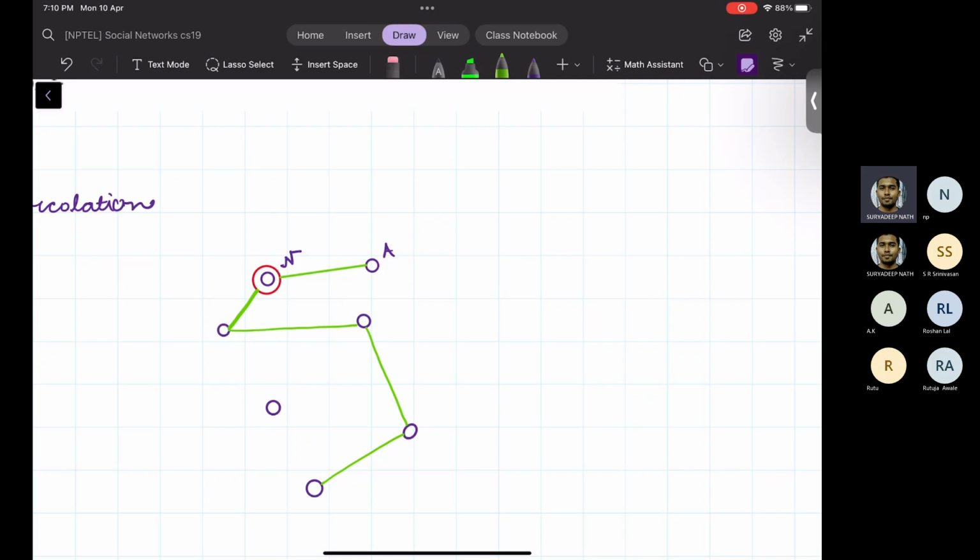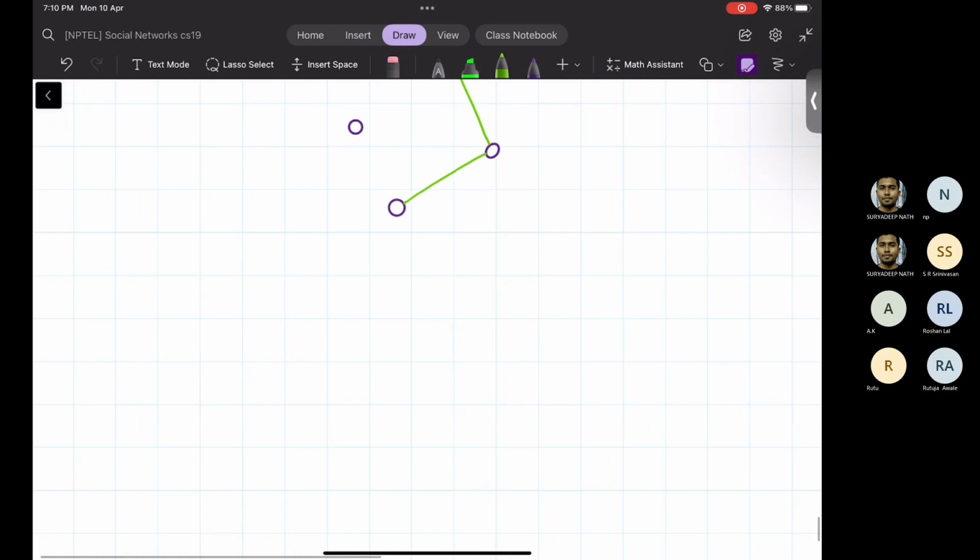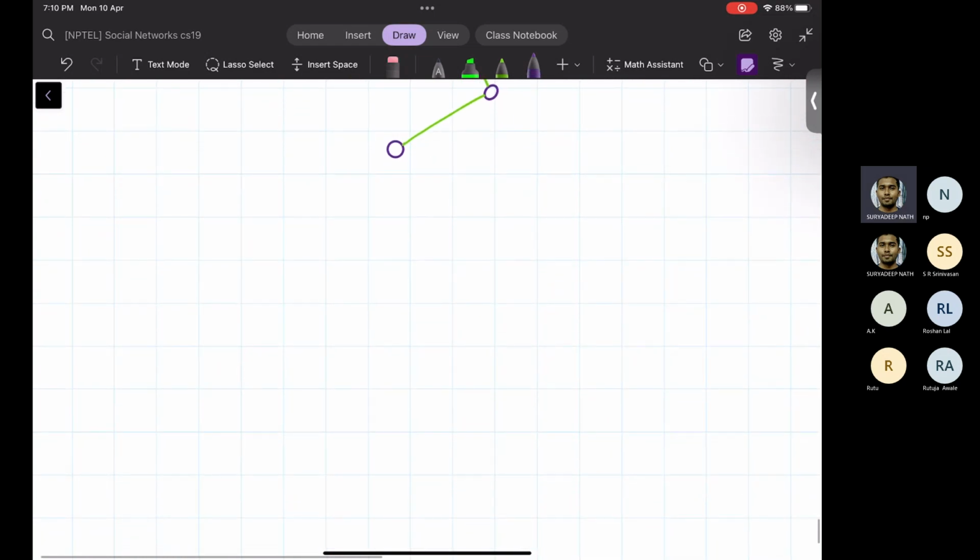So in such a case, what does reproductive number mean? Reproductive number is basically the fraction of nodes that get infected.